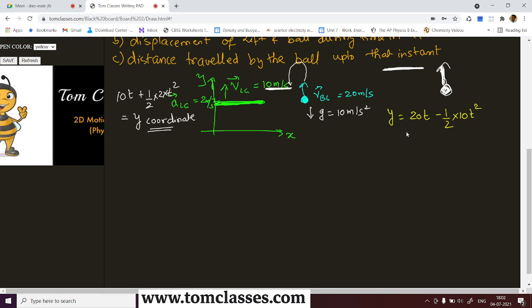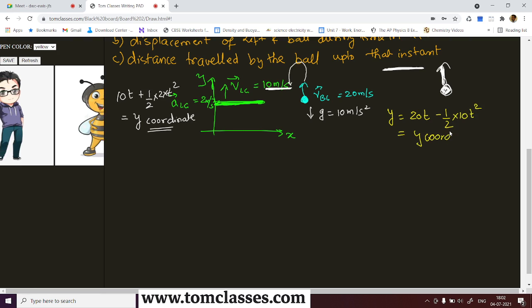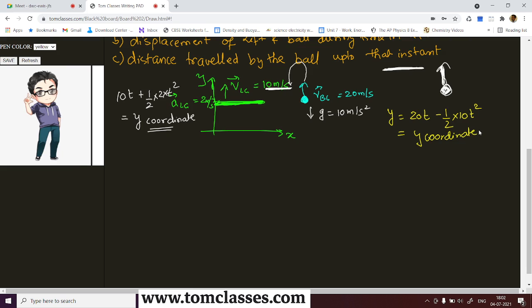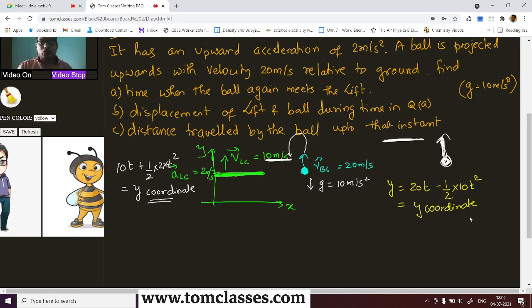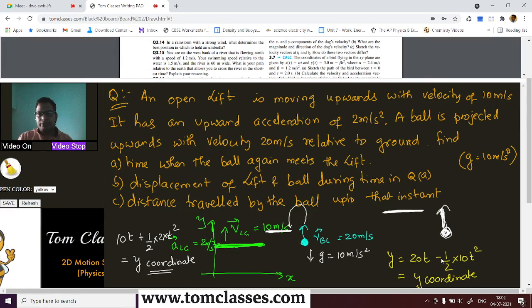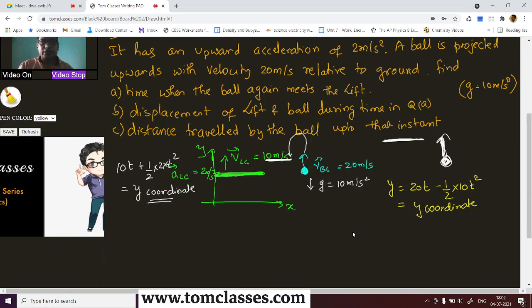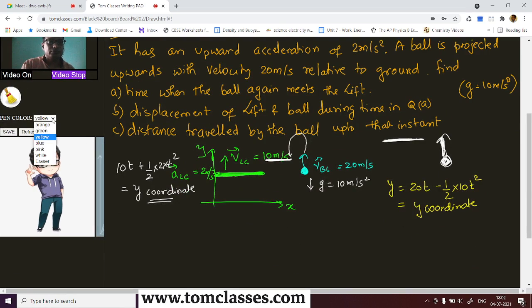So this is the y coordinate from here. Will the y coordinate be this, right?